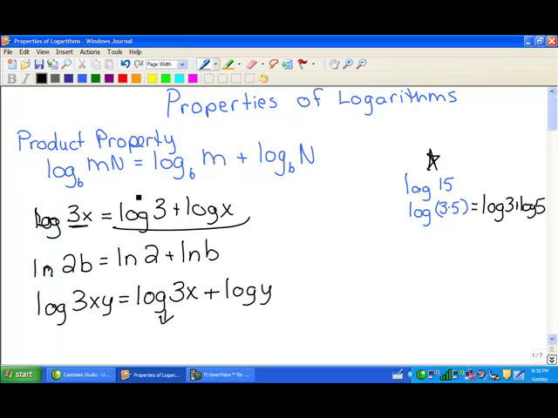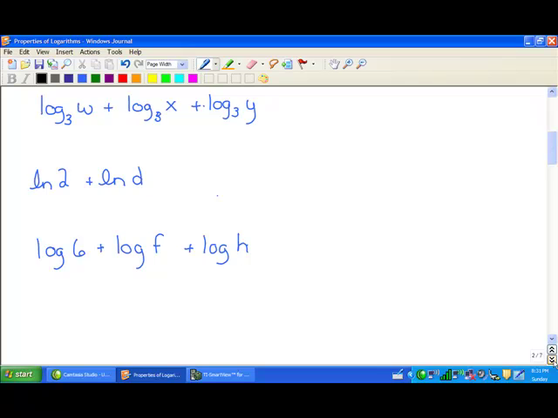Earlier, we said that the log of 3x is equal to the log of 3 plus the log of x. So if we just bring down our plus log of y, you'll notice that we can use it for more than two factors. Every factor is going to have its individual logarithm, no matter how many factors you have in that product.